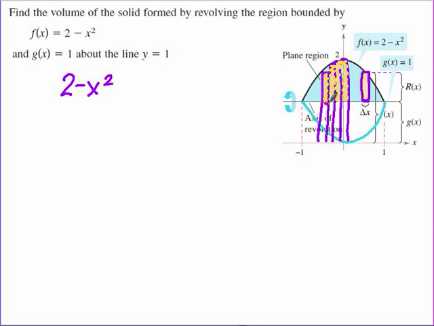So notice what I'm cutting off here every time. 1. I'm cutting off 1 every time, right? So if my value here was 1.5, the height of my disk is going to be 0.5.